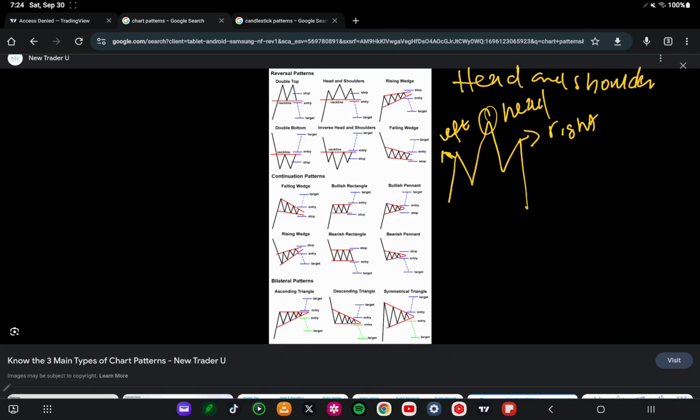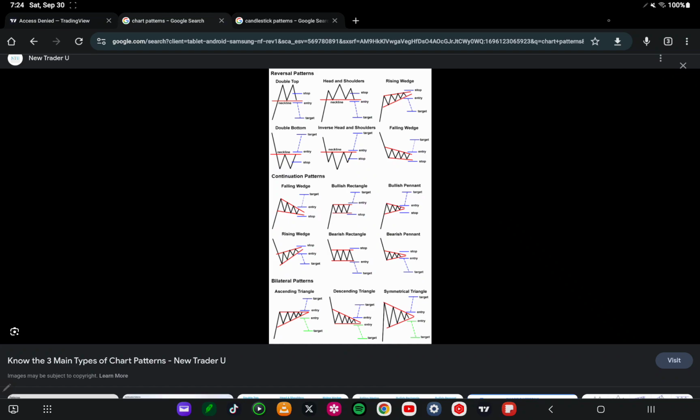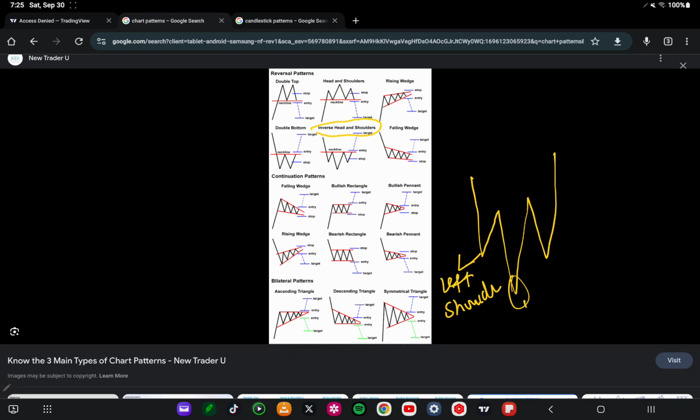You know, we have our head, we have a left shoulder, we have the right shoulder, and the head is at the middle. If you look at the human structure, that's funny, but that is how you call head and shoulder. And we have something called the inverse head and shoulder, which is the same but just opposite on the downside. This is the left shoulder, this is the head, and this is the right shoulder.